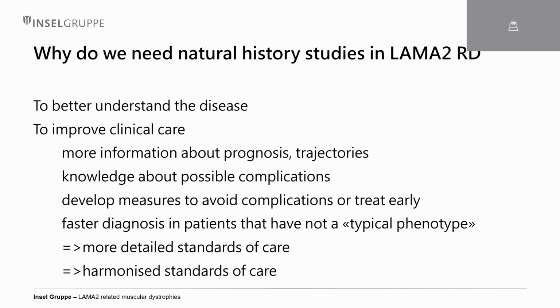If we want to improve clinical care, we want to know about prognosis. We want to know if we see a child, how is this individual child going to evolve? And we can only now say, okay, this is maybe in this direction, but we cannot give an exact prognosis. We need to know about possible complications.